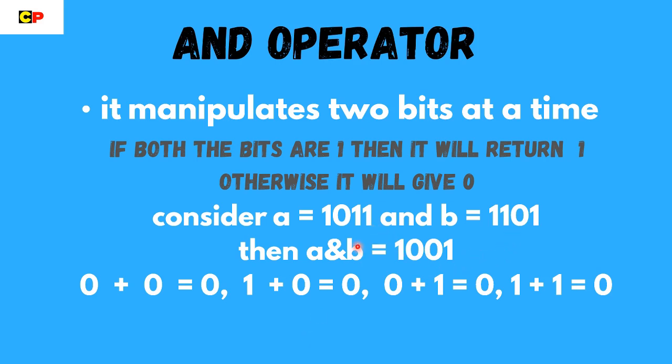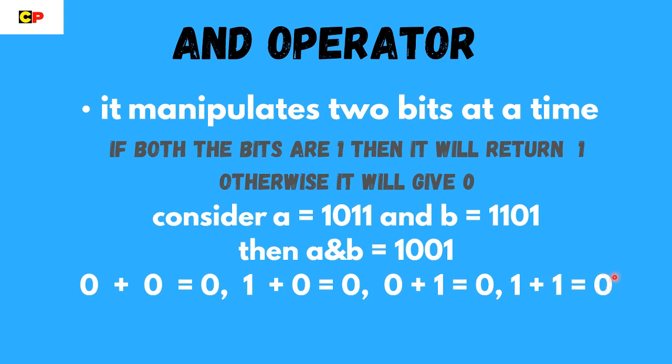You can think of it as the AND gate. If you know about gates, it is the same as the AND gate operation. So if you have 0 and 0, it will give 0. If you have input 1 and 0, again it will give 0. If you have input 0 and 1, again it will give 0. But if both the inputs are 1, then it will give 1.